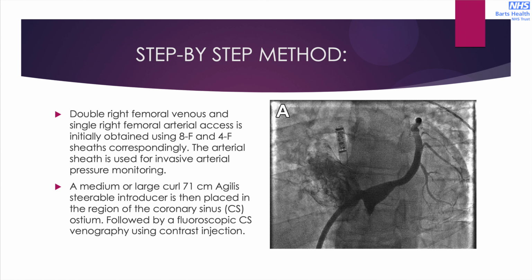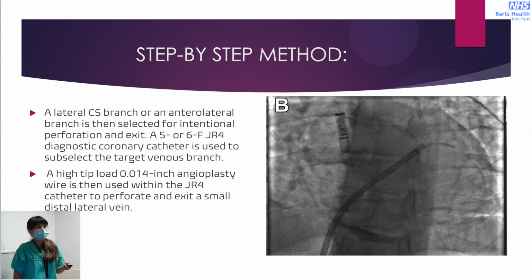This is how it would look in X-ray. That's your Agilis catheter, and these are your cardiac veins, and you select which cardiac vein to use. The most important thing is to select the smallest vein, so there is less significant bleeding at the end of the procedure.